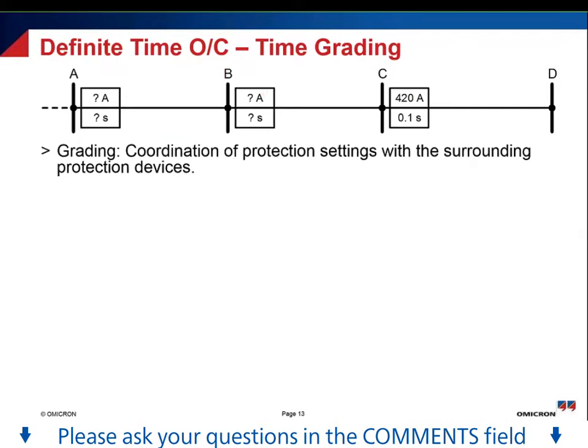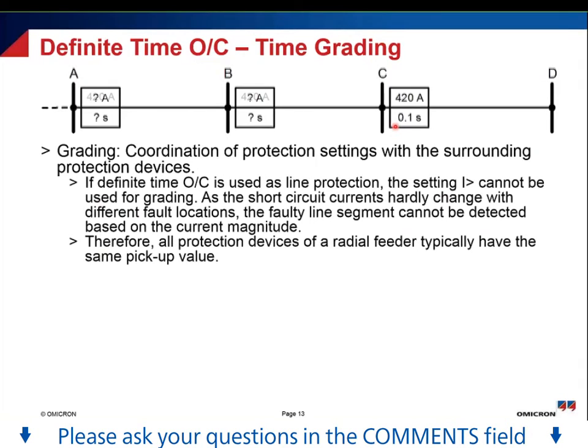For example, the protection device B here must be set taking the settings of the protection device here in C into account. And that is typically done for overcurrent protection with time grading.